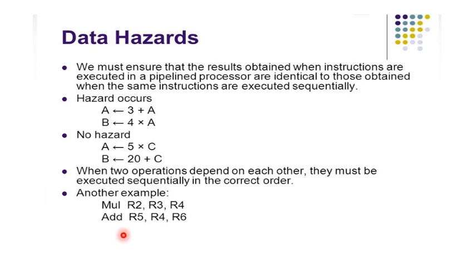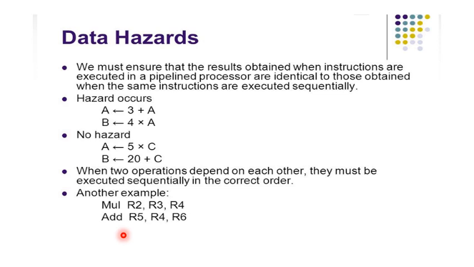When this program is executed in a pipeline, the execution of I2 can begin before the execution of I1 is completed. This means that the result generated by I1 may not be available for use by I2.